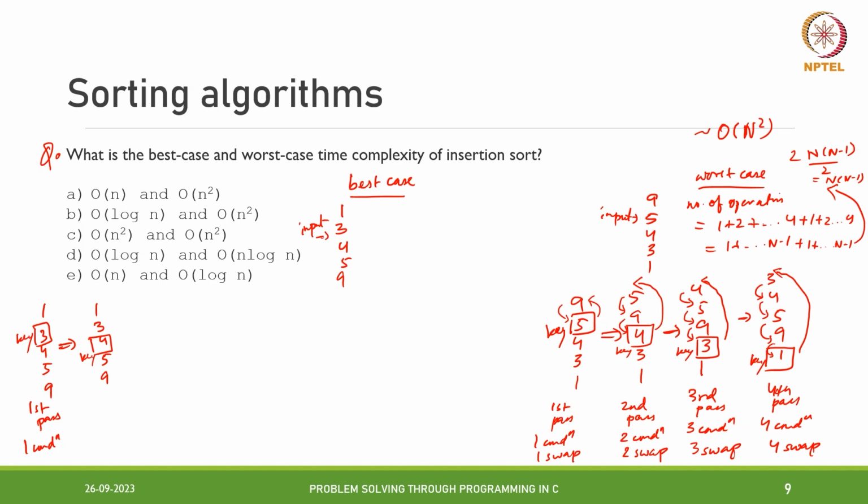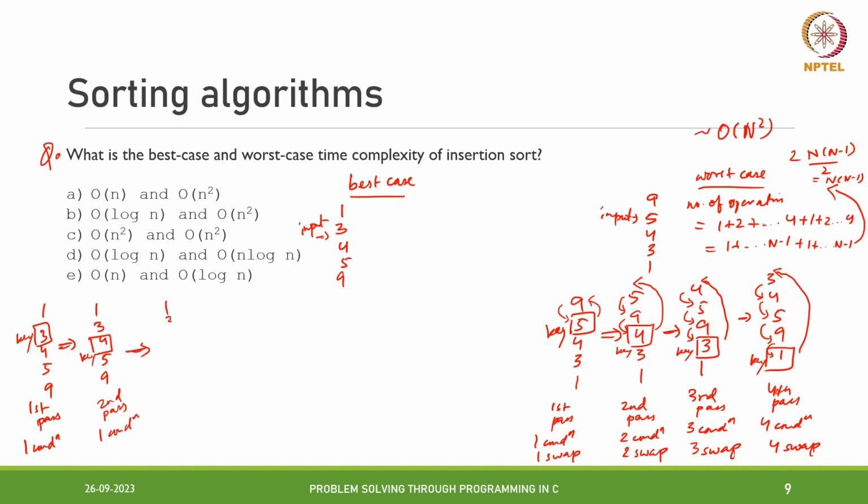So we check with just the previous element. If it is greater than the previous element, then we assume that it will be greater than all the elements before it because they are already in a sorted form. So we check it with 3. We find that 4 is greater. We stop. So in the second pass, we again do one conditional check.